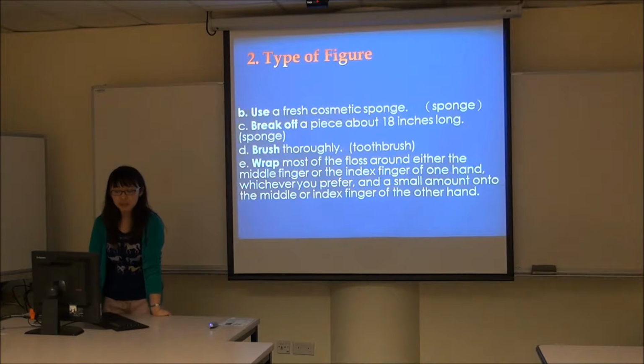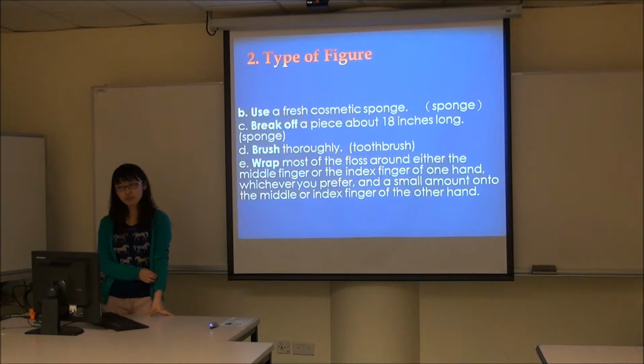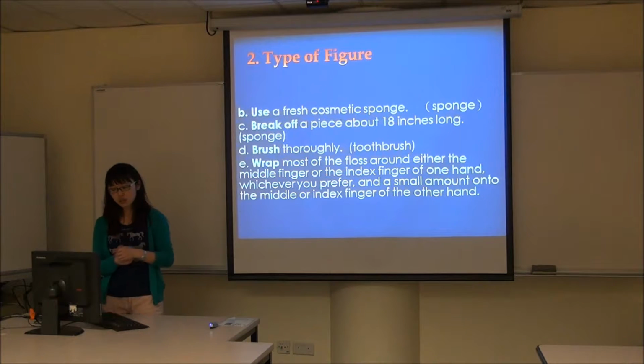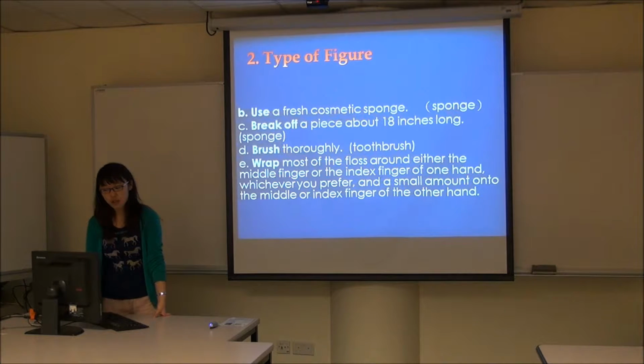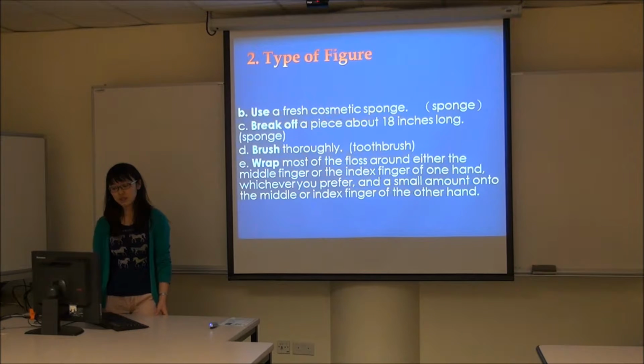Two, type of figure. The type of figure usually includes sensing, happening, and doing. In most of my sentences, it includes happening, doing, being, and sensing.